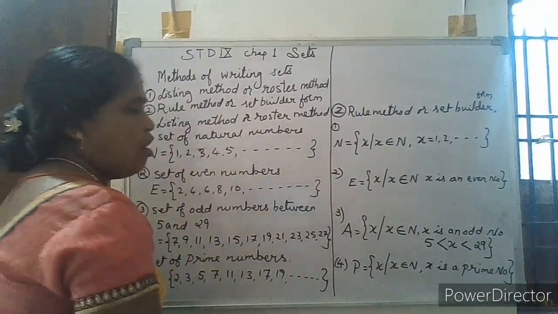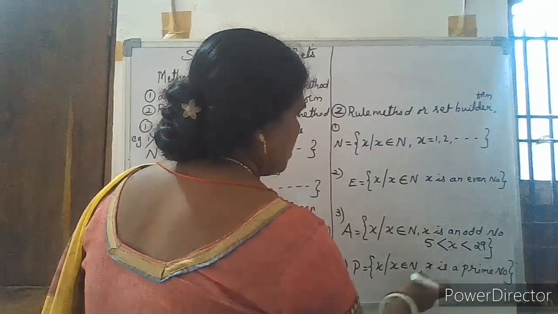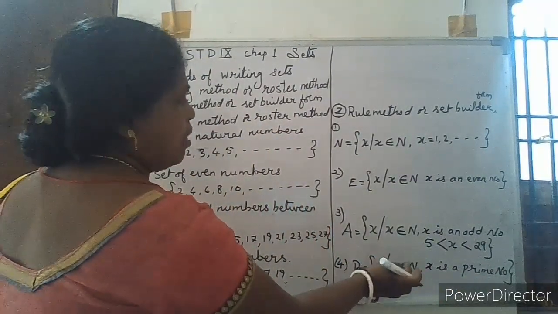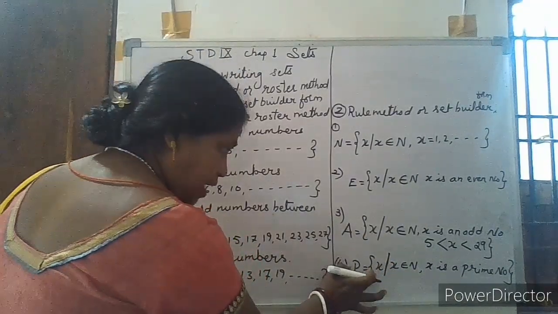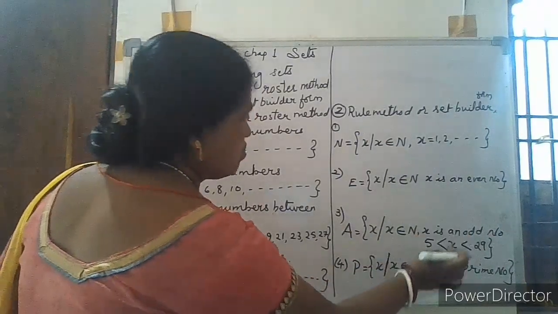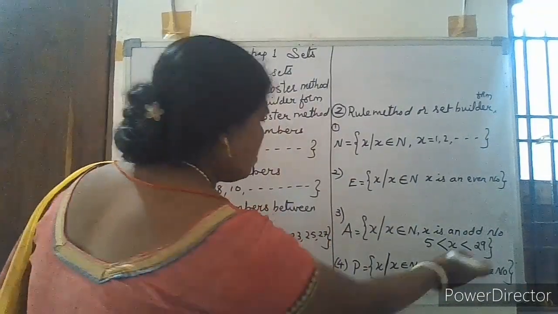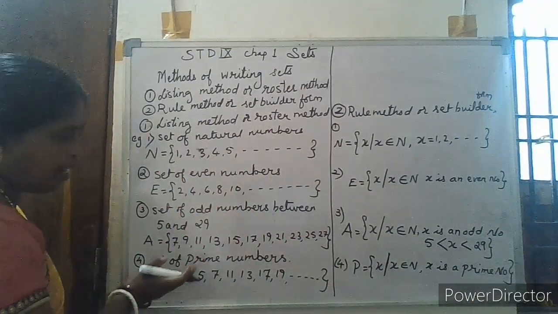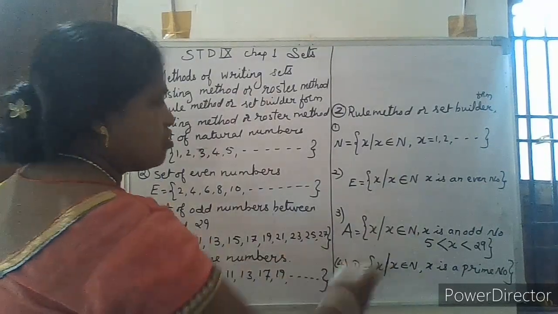We do not write the elements here, but we express it in words. So X is an element, this slash shows, we have to read it like this way: X is an element such that X belongs to natural numbers and X is a prime number. When we say X is a prime number, then we know that the elements are 2, 3, 5, 7, 11, 13 and so on.